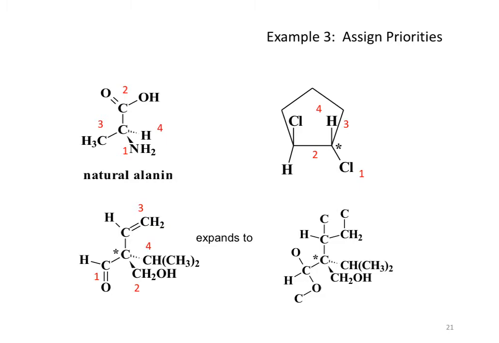So in this case, the priority order is already given, but if you were to compare, let's quickly do that. Nitrogen is going to get the highest priority if you compare. This is your chirality center, right? So nitrogen is going to get the first priority. Hydrogen is going to get the last priority because that has the least atomic number.